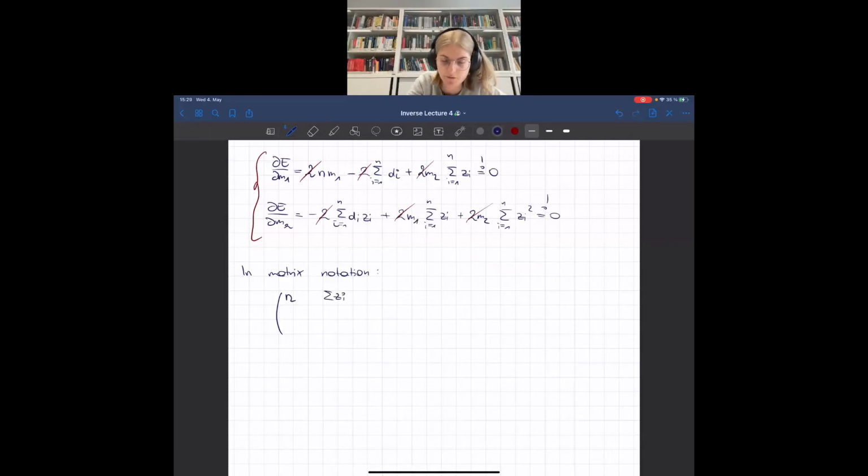Then we have the sum of the zi, the sum of the zi, and finally the sum of the zi squared. And please note that I just skipped writing the sum of i from 1 to n. We multiplied by m1 and m2. And on the right-hand side, we have the sum over d and the sum over di zi.